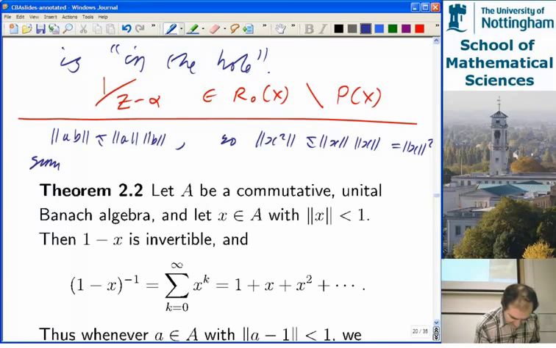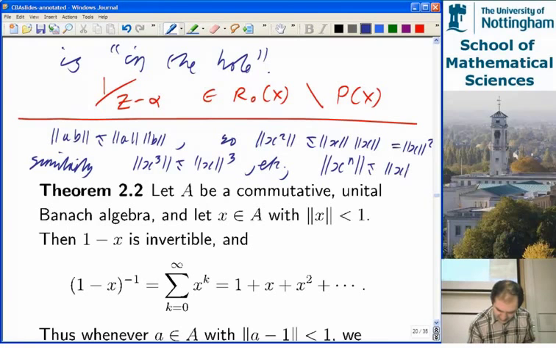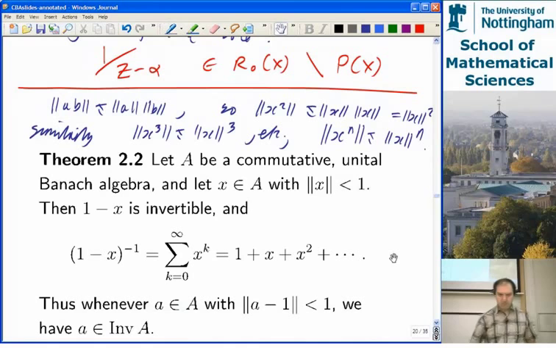And similarly, norm x cubed is less than or equal to norm x all cubed, etc. So basically, what you get is the norm of x to the n is less than or equal to norm x raised to the power n. There's an x to the 0 in here. X to the 0 is 1 by convention.